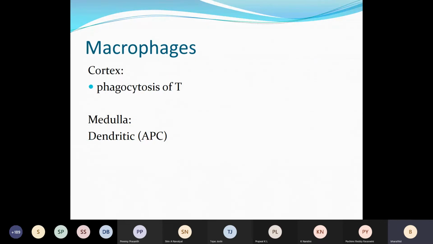If there is any deformed T lymphocyte, these macrophages phagocytose those T cells. In the medulla, the macrophages are dendritic antigen presenting cells, again involved in phagocytosis of T cells.